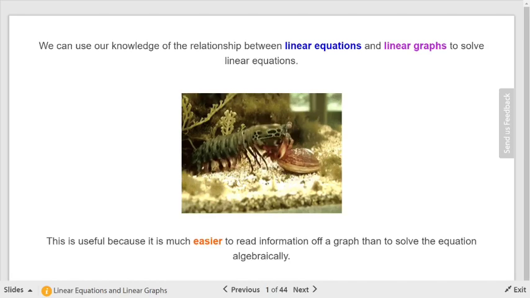So if we know that those two things are the same thing, then we can use the graph to solve equations. Just like yesterday, we used the equations to make the graph, right? So you can work both ways. And remember, anything you can do one direction in mathematics, you can also do the other direction.